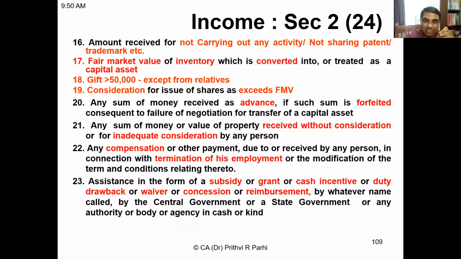The negotiation failed, and consequently the advance money which is received is forfeited. That means this need not be repaid. Are you getting? Yes, sir. In that kind of situation, the money which is received in advance will be treated as income. Okay. Next one.